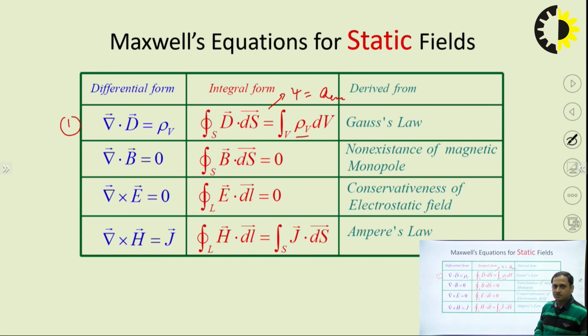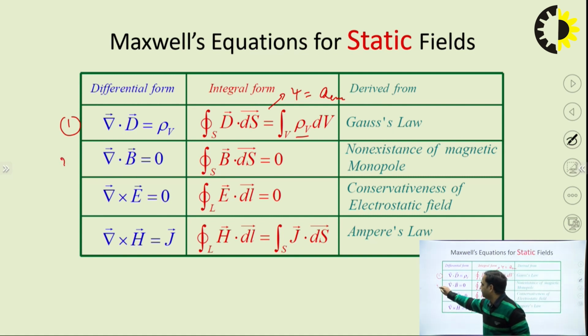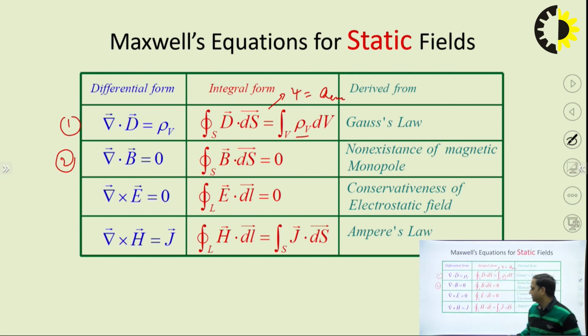The second Maxwell's equation, for the magnetic field, is del dot B is equal to 0, and we have derived this equation from B dot ds is equal to 0. What it says is that there is no existence of a monopole in the magnetic field.